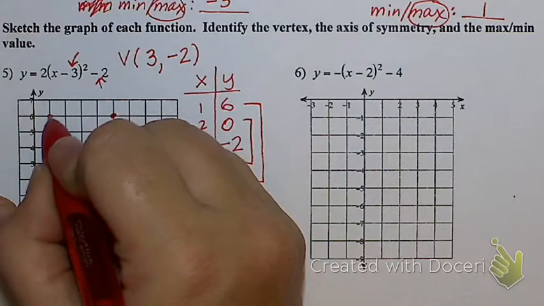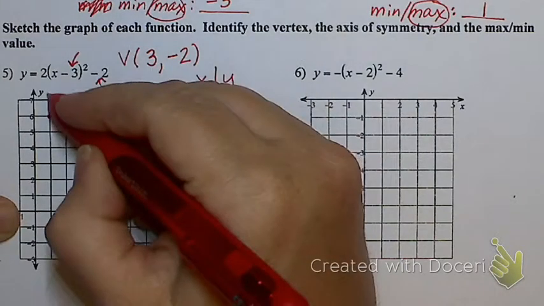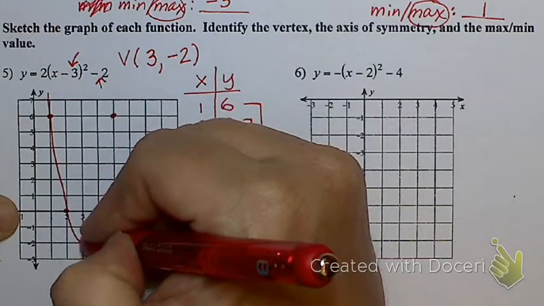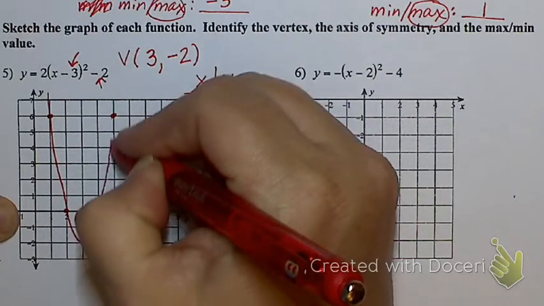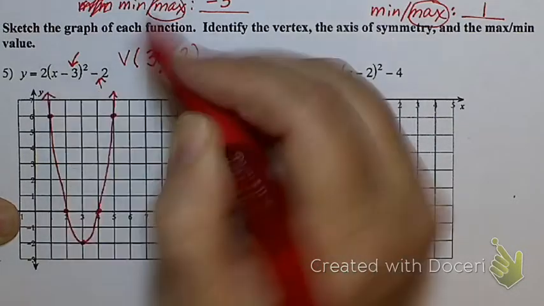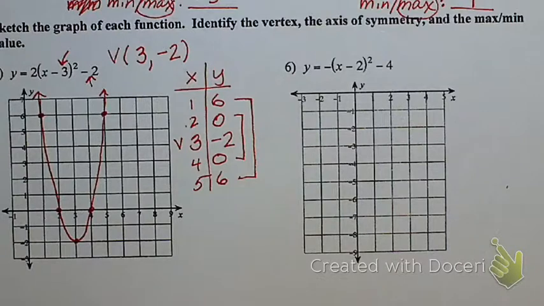You see my points there? And then I just draw in my parabola. And again, as much as I can, try not to make it a V. I know sometimes they get really tall and steep, but try and stick to that U shape as much as possible. Well, I need to fill in my things.